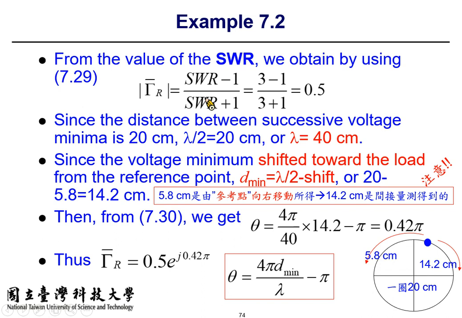So in this experiment, the author tells us that the voltage minimum is actually found to the right of the reference point, at a distance of 5.8 centimeters.